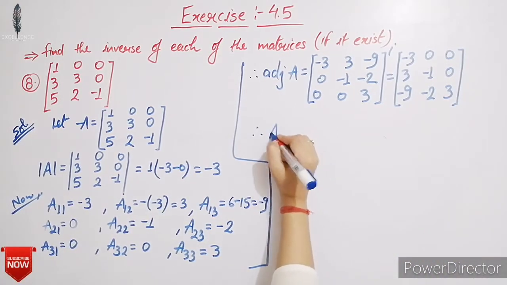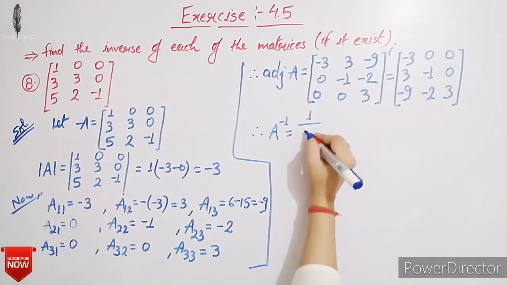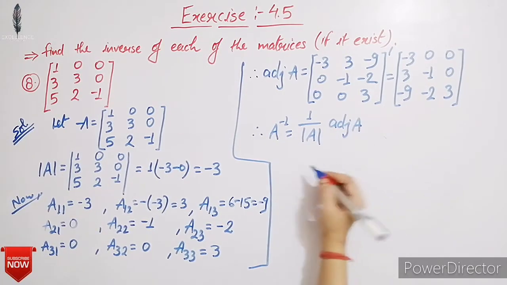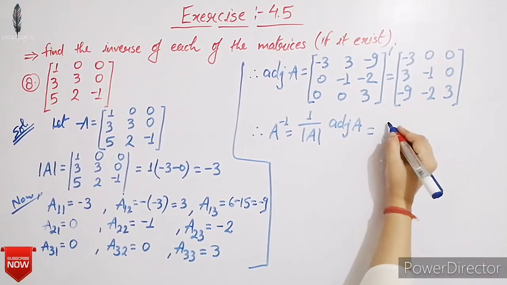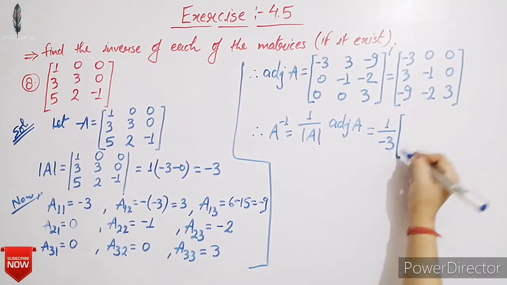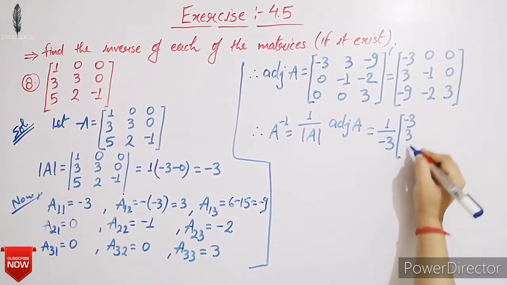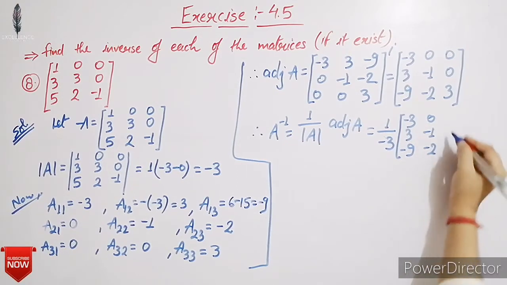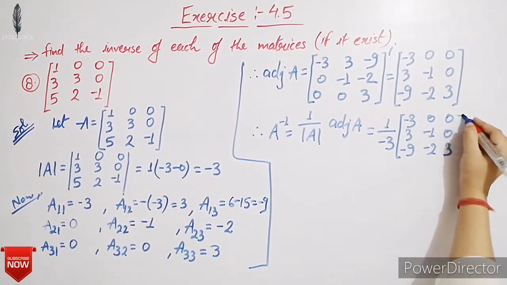So here A inverse is equal to 1 by determinant of A into adjoint A, that is equal to 1 by −3 into adjoint A, which is [−3, 3, −9; 0, −1, −2; 0, 0, 3].